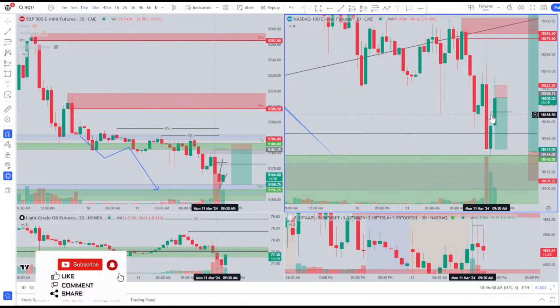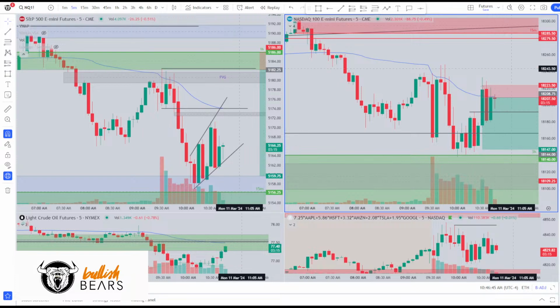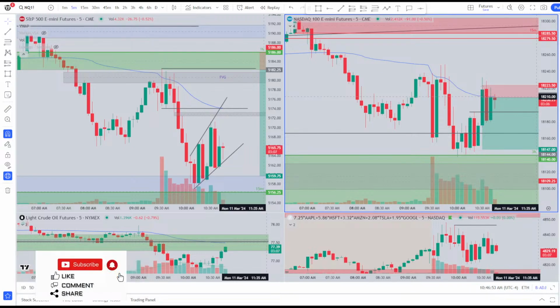Looking at the 30-minute, I want the 30 minutes to close below this trend line. But again, that's not looking good for the bears right now. Apple's pushing lower with some strength. Nvidia's trying to push higher with some strength. Tesla's trying to push lower.